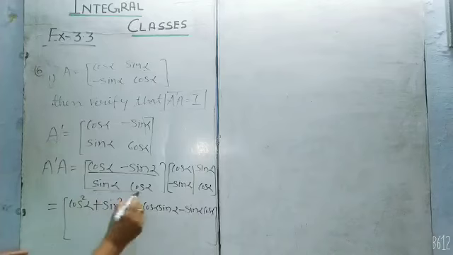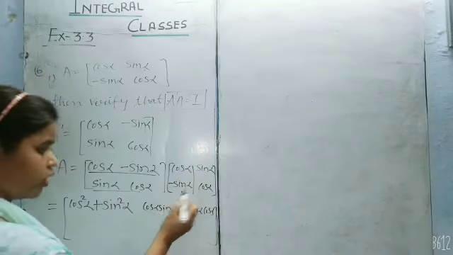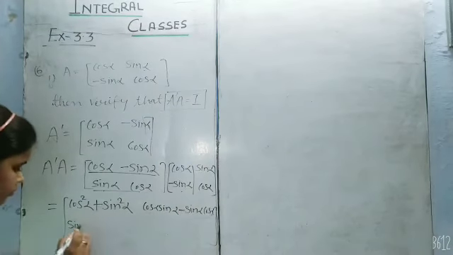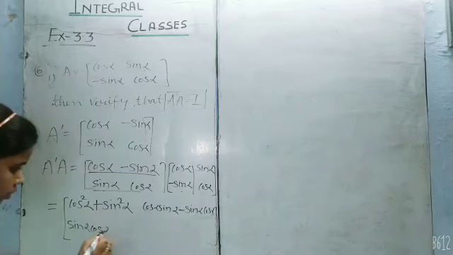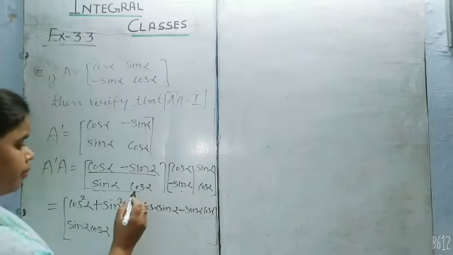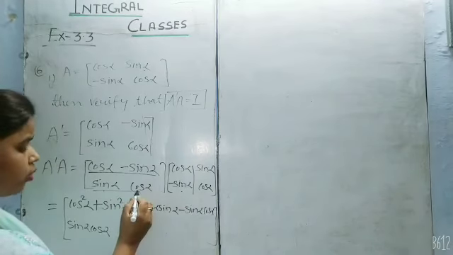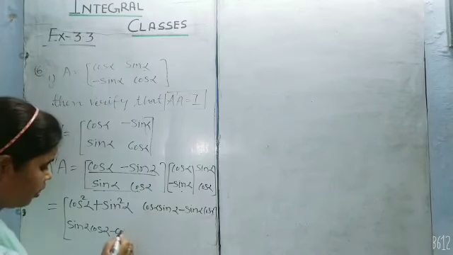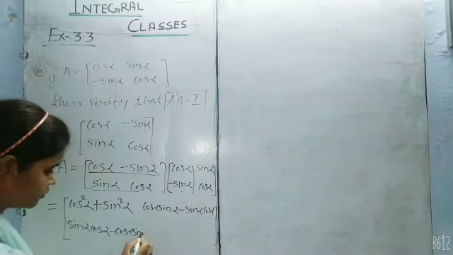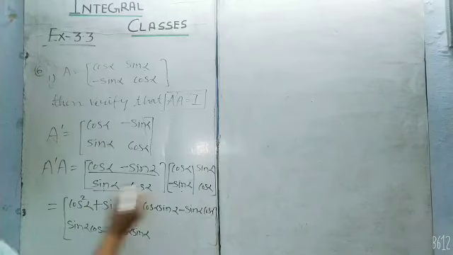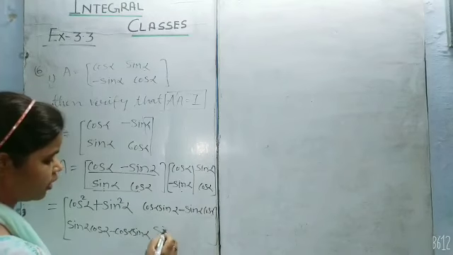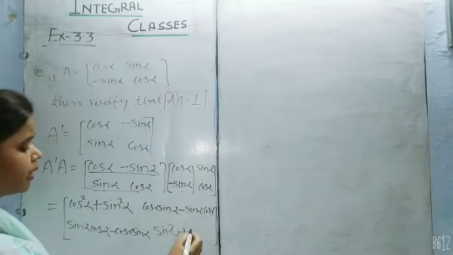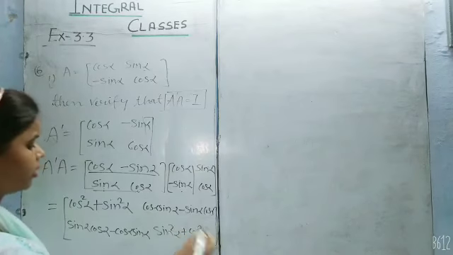Again the second row multiplied first by the first column, then the second column: sin alpha into cos alpha minus cos alpha into sin alpha. Again sin alpha into sin alpha, sin square alpha, and cos alpha into cos alpha plus cos square alpha.